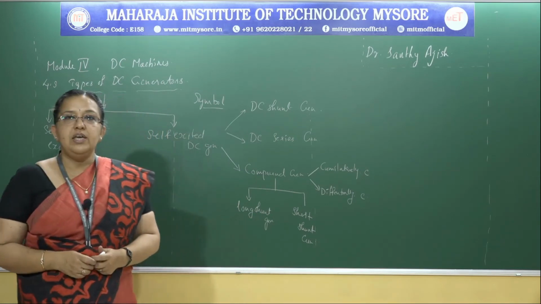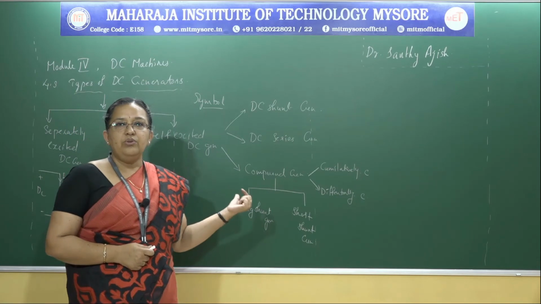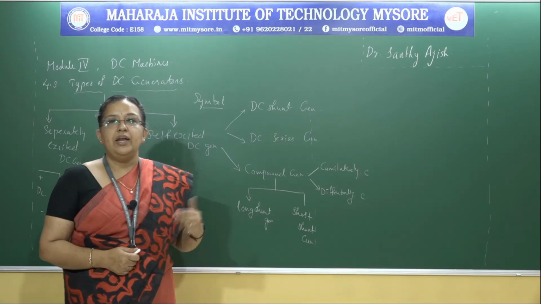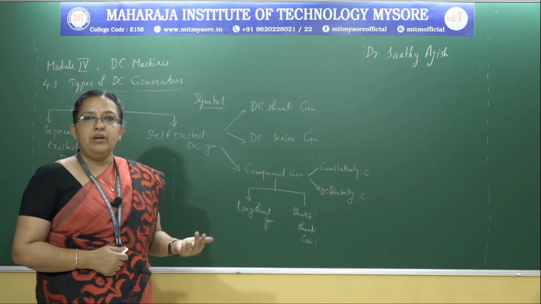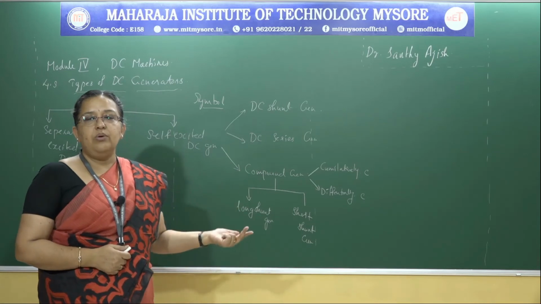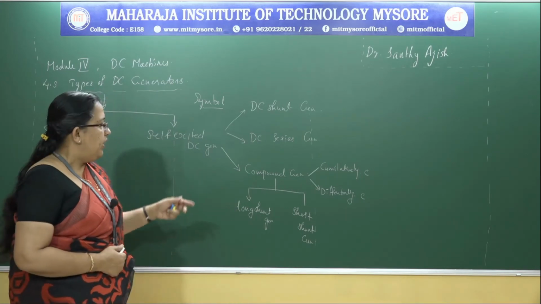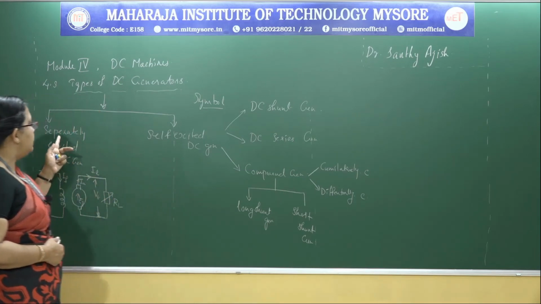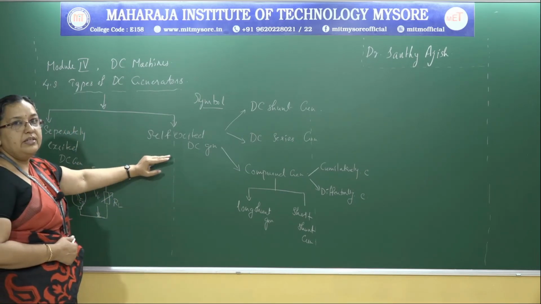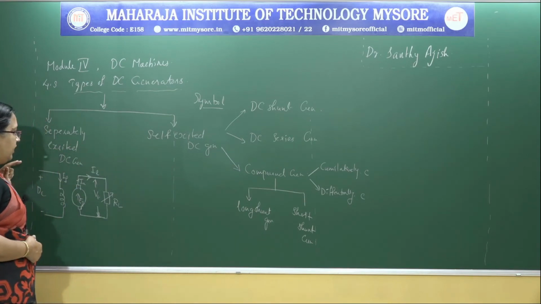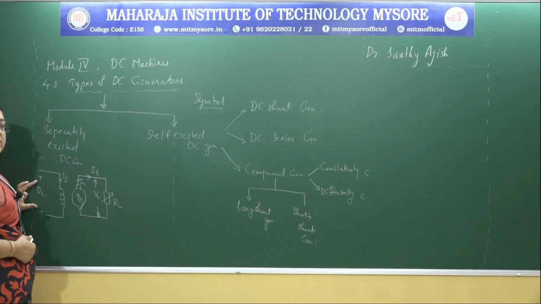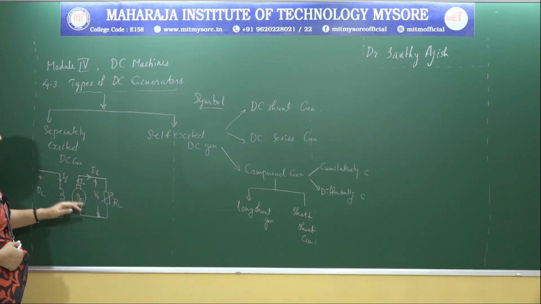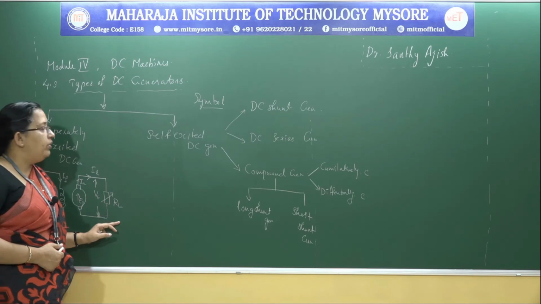Now we will see the different types of field connection, how they are connected and how the voltages and currents are related, and even what is the power produced across the load or by the armature. So I hope you are clear. Mainly they are classified into separately excited and self-excited. In separately excited generators, there is no connection between the armature circuit and the field circuit. The field is separate and we apply a DC voltage to the field, and the armature circuit is connected to the load.